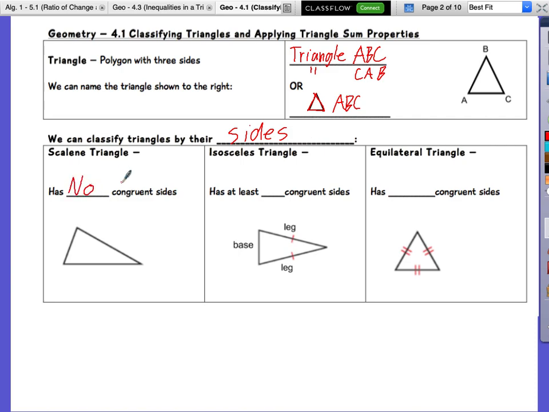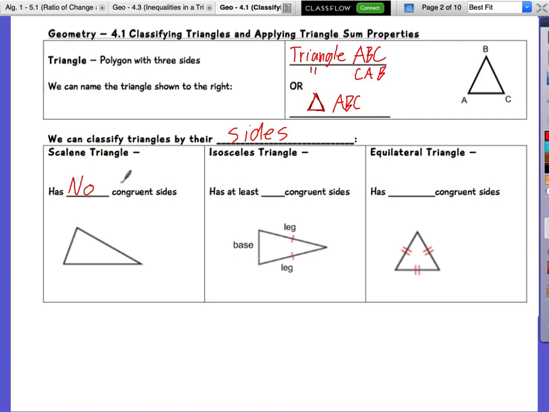What's congruent mean? Yeah, they have the same length, they're equal in length. So this is saying that none of the sides are the same length. If it's scalene, no 2 sides are the same length. All 3 sides are different lengths. So like one side's 5, one's 8, and one's 11 or something. Okay, as long as they're different, that's what matters.